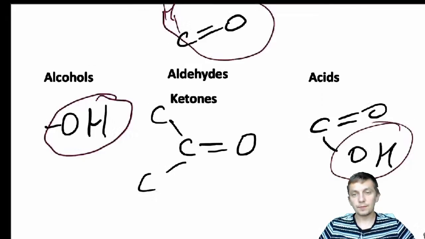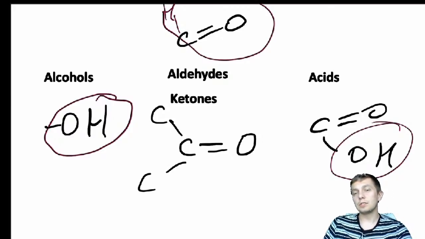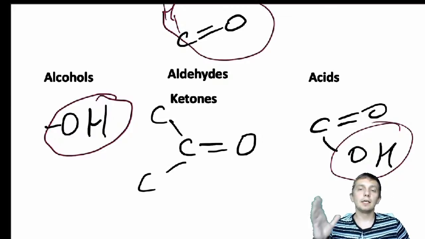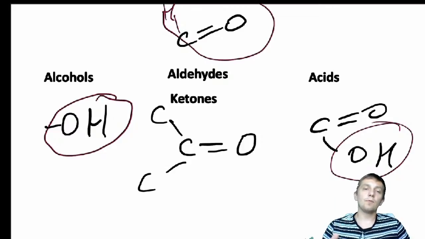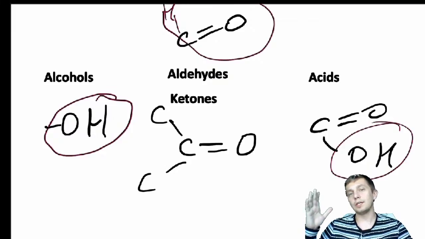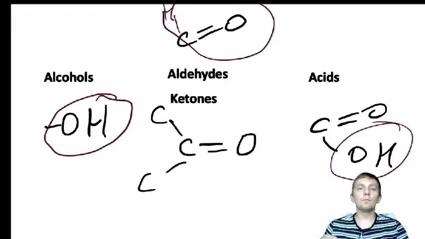So all not redox reactions of compounds with oxygen are based on reactions of the OH group: the OH group in alcohols, in acids, and in intermediates formed from aldehydes and ketones.